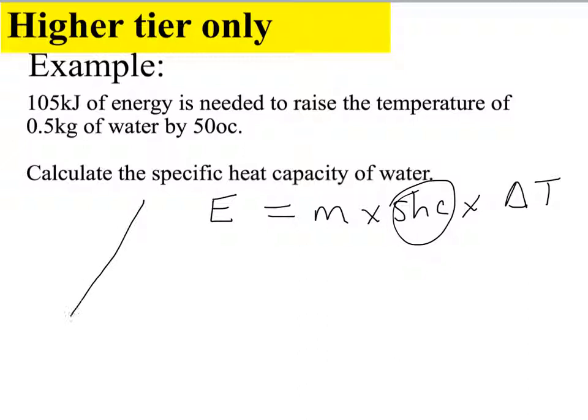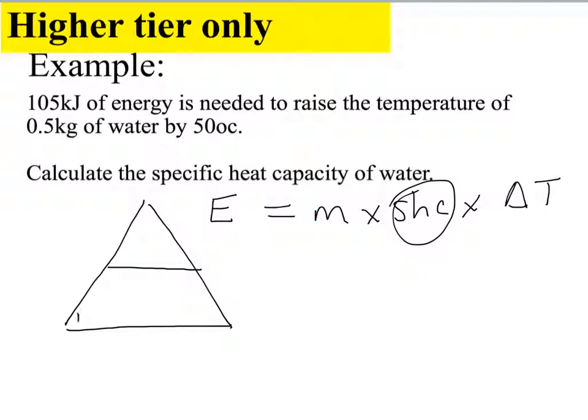Let's use our triangle. So don't be afraid to draw this out on your exam paper. Show all your working. It's much better to do that and to get the right answer than to just do it in your head and perhaps make a mistake. So we know that anything that's multiplied together in the equation needs to be multiplied together in the triangle.